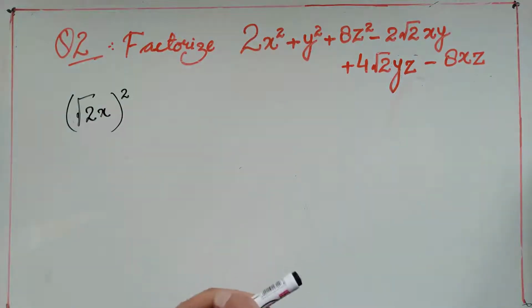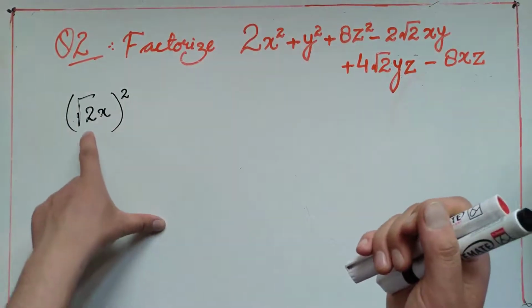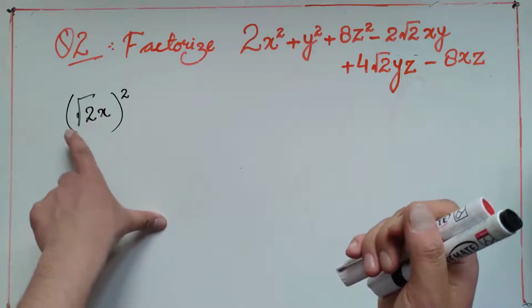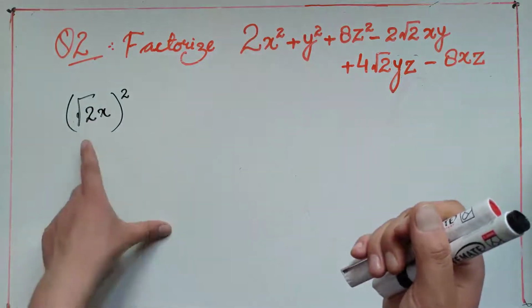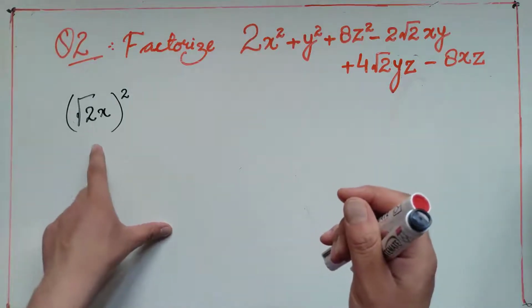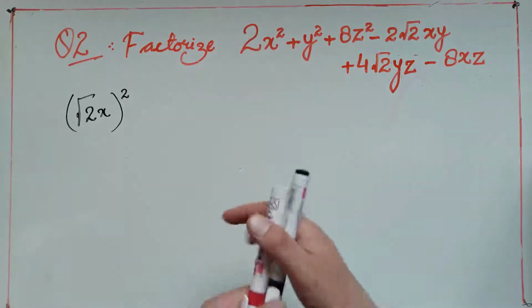If you evaluate this, x whole square is x square, and for root 2, root and square will get cancelled, and you will get 2 back. So there is only change in form, there is no change in the value. So this way we converted this into a whole square, and we can call this as my a square.